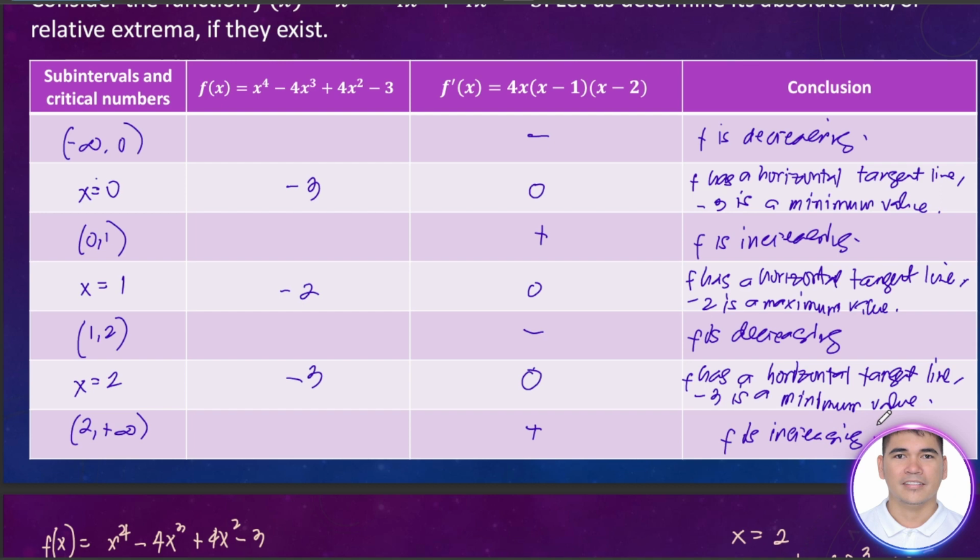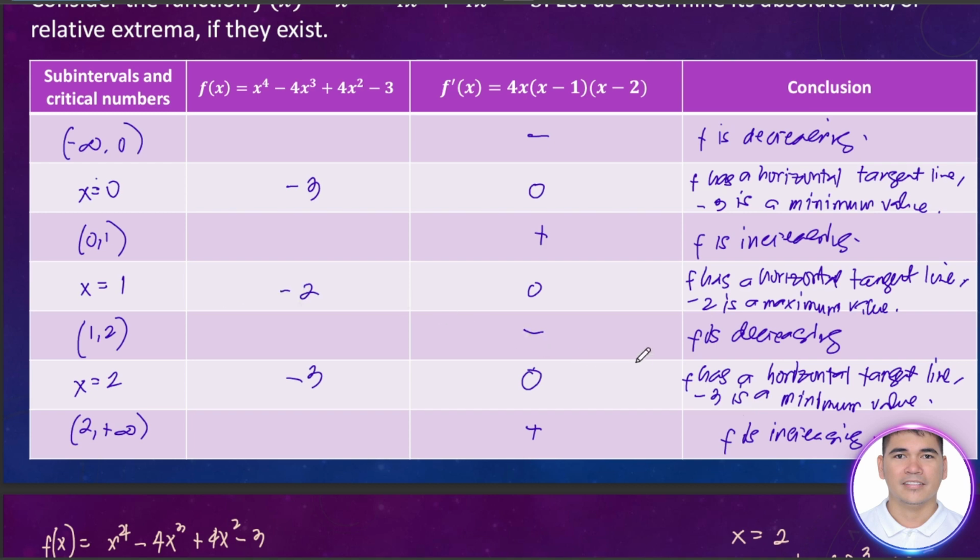So the function has two relative minimum points that give the same minimum value, which is negative 3. So we have two minimum points with value negative 3. But there is only one relative maximum point, which is negative 2.